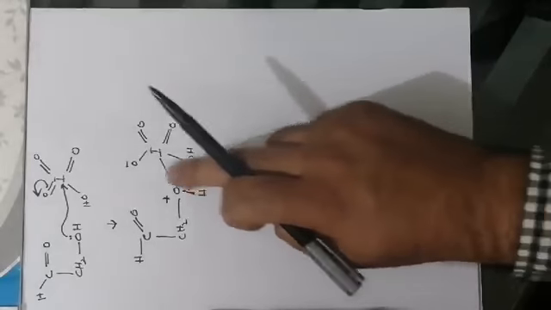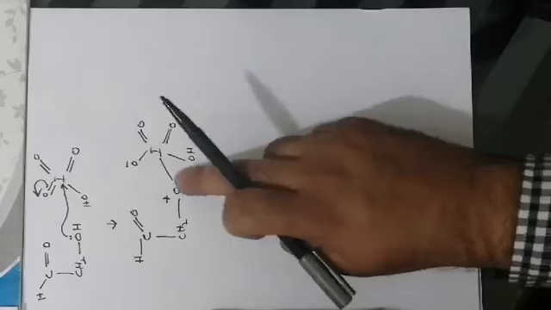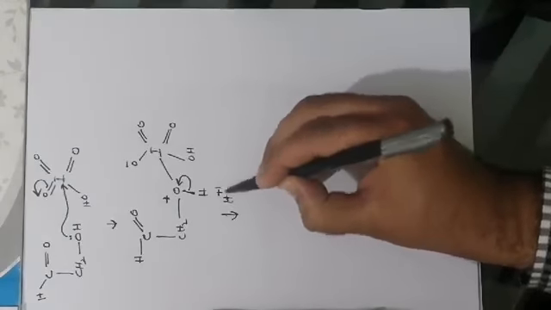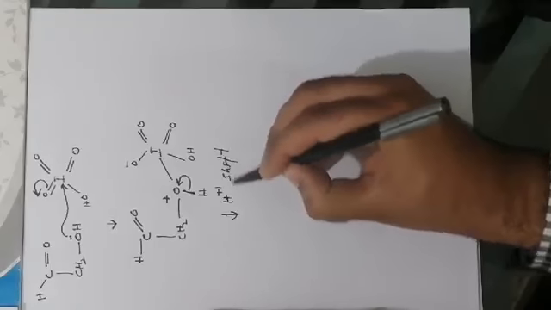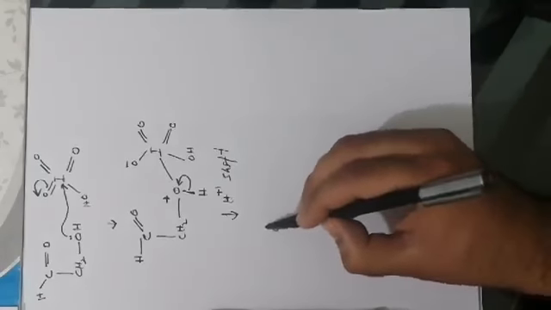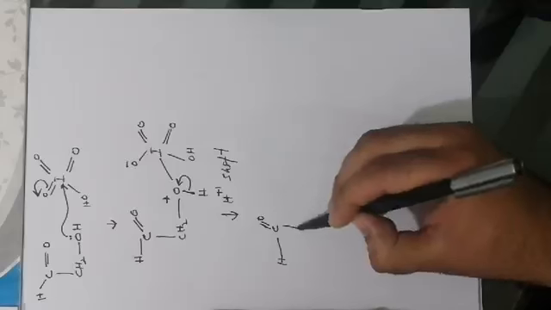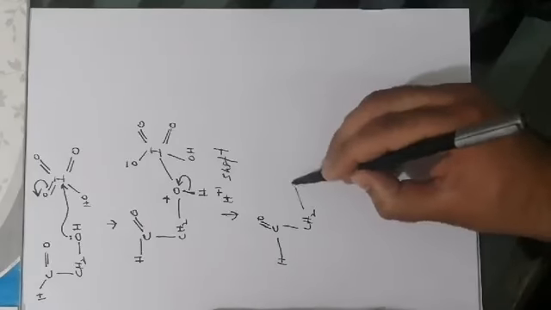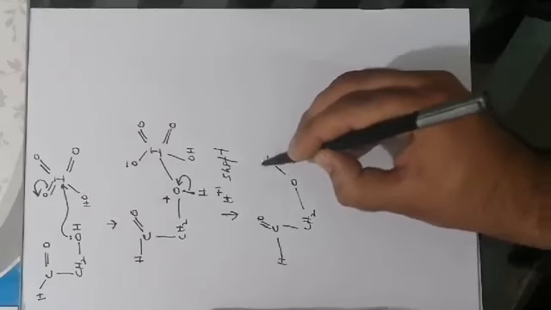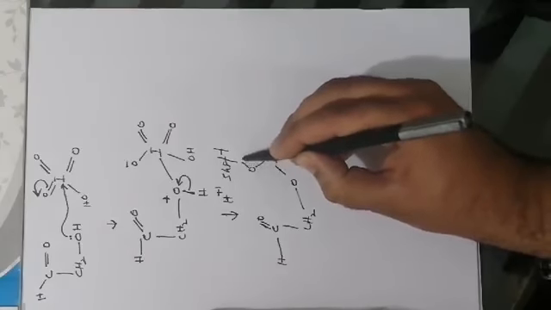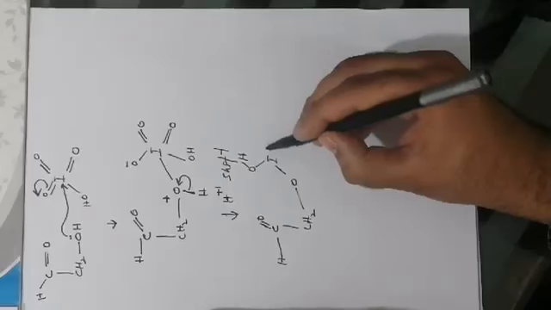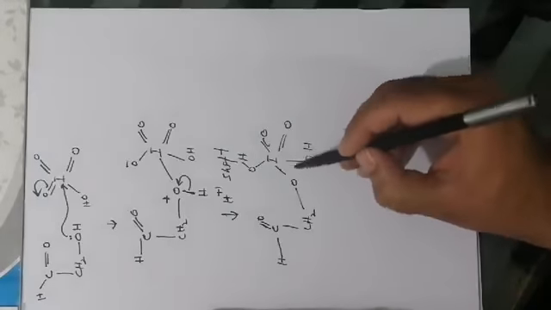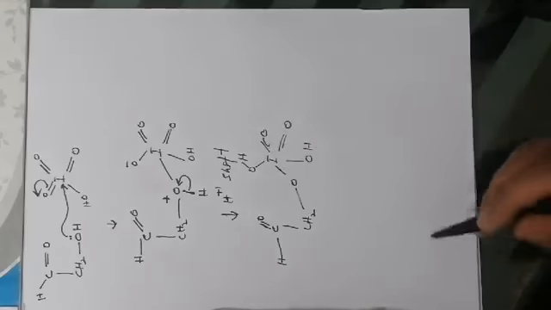This hydrogen ion will be shifted from this oxygen to this. So hydrogen shift occurs, so you get this. 1 2 3 4 5 6 7.